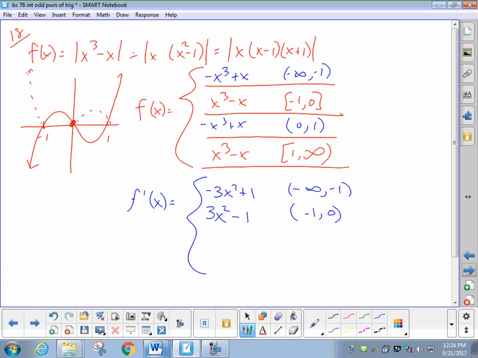All right, so why don't I include those endpoints then? Because it's not differentiable at those points because it's a sharp turn. So you should not be including those in the derivative. Negative 3x squared plus 1 from 0 to 1, and 3x squared minus 1 from 1 to infinity.